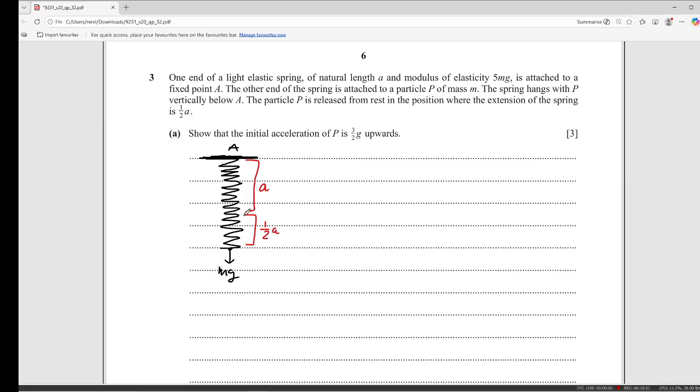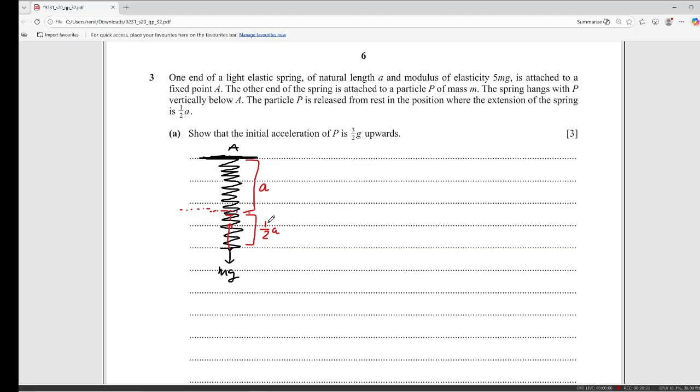You should always understand that whenever you extend a spring, there's a tensile force trying to bring it back to equilibrium at the natural length a. So there will be an upward force this way. This is going to be called T, and it wants to just go back to natural length. That's the main mission of this force. In a similar manner, if I compressed it by 1 by 2a, there is a force acting downwards to bring it back to this equilibrium point of the spring. This is what it wants to reach.